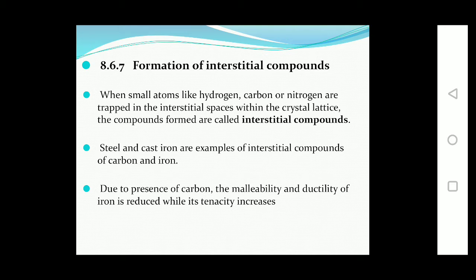That is the interstitial compound formed from carbon and iron. Basically it is iron, but the interstitial spaces are occupied by carbon, and together it becomes steel or cast iron. Due to the presence of carbon, the basic malleability and ductility of iron get reduced, and its tenacity, that is tensile strength, increases.